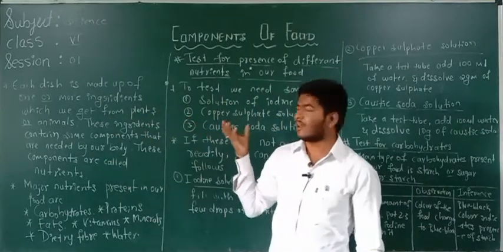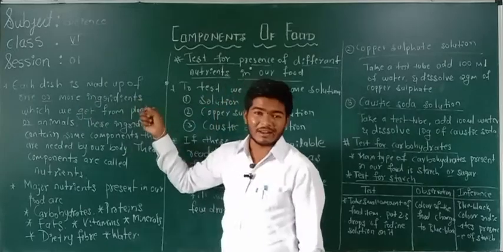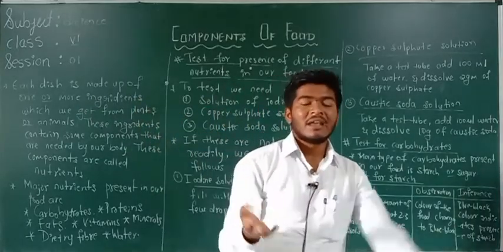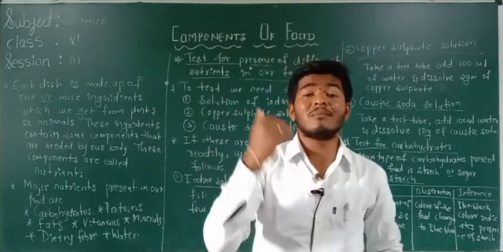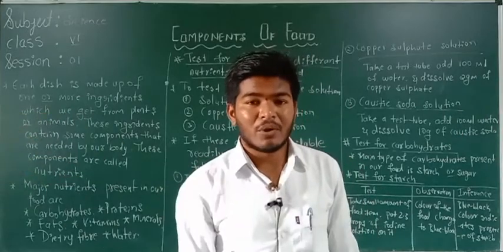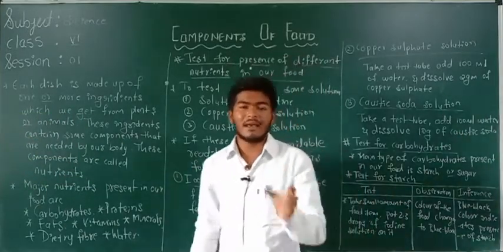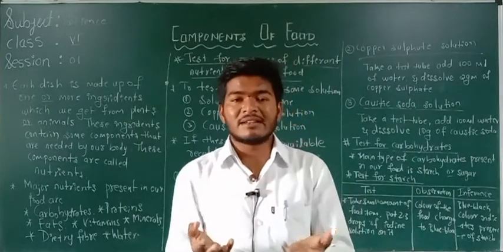What is a nutrient? Each dish is made up of one or more ingredients. As you know already, any dish is made up of one or more ingredients. It may be a plant product or an animal product. I am going to take one example here, a pulao. Pulao is made up of which ingredients?